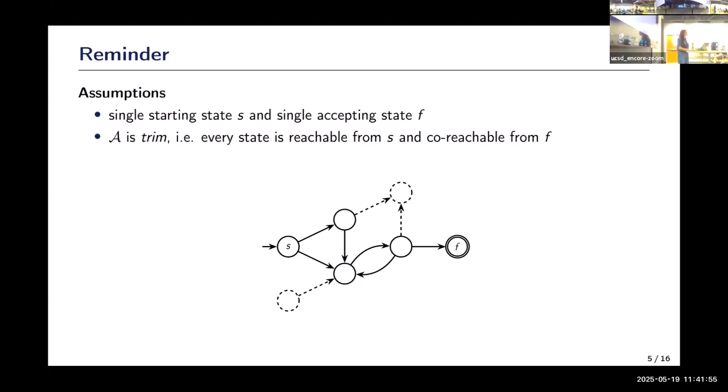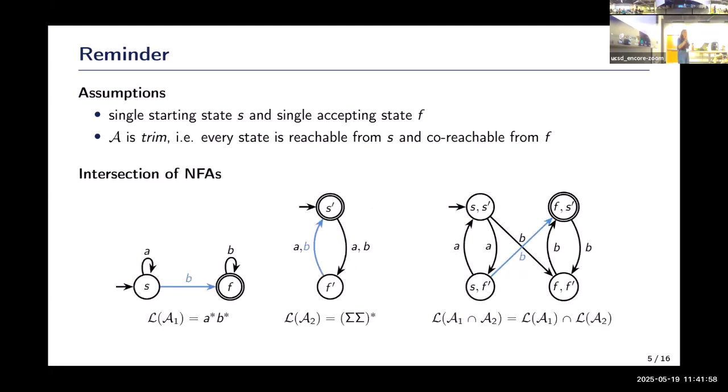Another operation I need you to recall is the intersection of NFAs. I think this is clear from an example. I have here two NFAs that recognize the language of words that start with A and end with B, and the language of all even-length words. When I take the intersection, it has a state for every pair of states from the first two, and an edge between pairs of states if I had the corresponding transitions in the original NFAs.